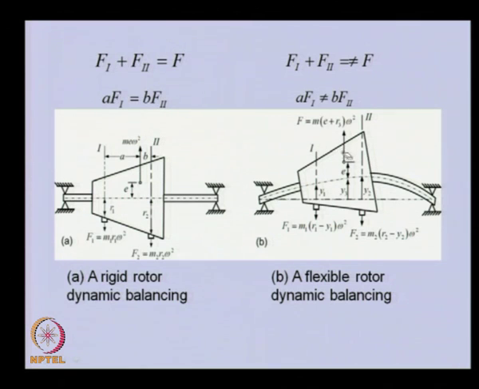So basically, because of the deformation of the shaft or the flexibility of the rotor, the dynamic balancing we did for the rigid rotor is not valid for the flexible rotor case. In fact, sometimes it deteriorates the unbalance condition of the rotor system. The rigid rotor balancing correction masses we kept may have an adverse effect on the rotor unbalance response. So this was the difference between rigid rotor and flexible rotor balancing.